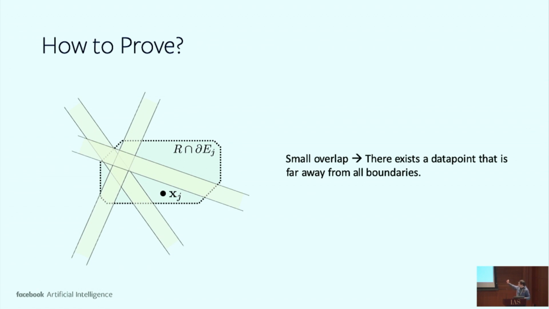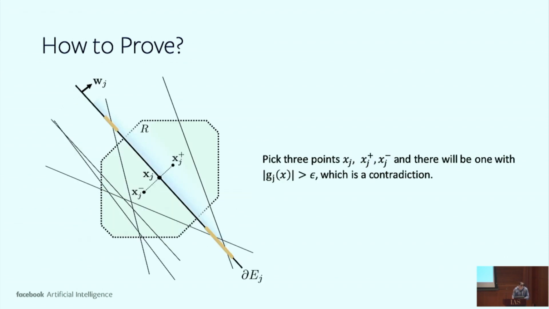This means that there exists a point that is in the boundary of the value of node j, but not in any boundary of the value of the other nodes, and they are far away from it. Because this is true, you can pick 3 points in the vicinity of this region, so that these 3 points will be on the same side for all the neurons apart from node j.